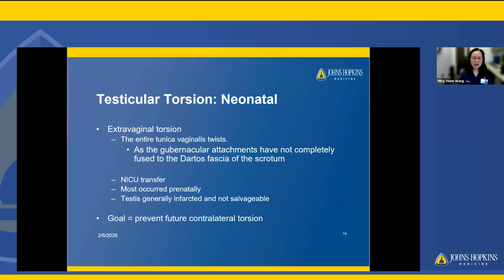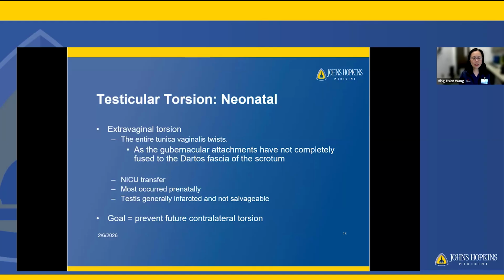With neonatal testicular torsion, this happened before the baby is born. Usually what happened was as the testicle is coming down through the groin into the scrotum, somehow things got twisted. And these testicles are usually not salvageable because we don't know how long ago this happened.